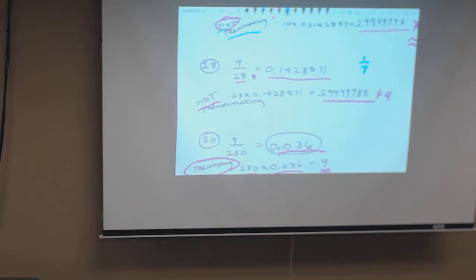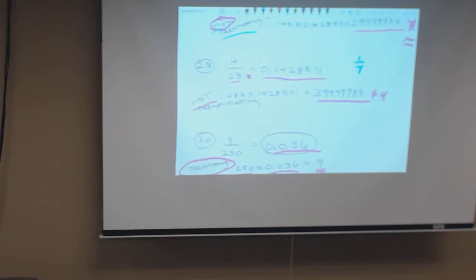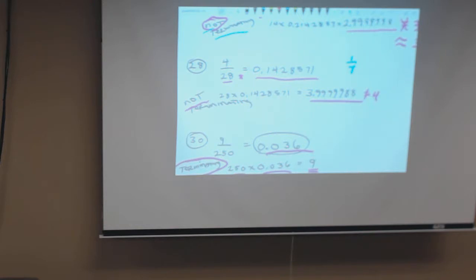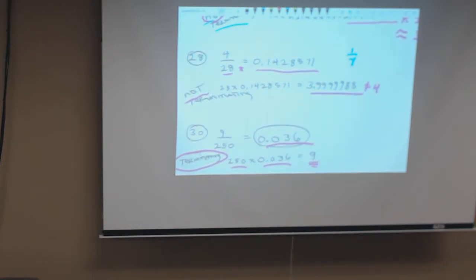So what happens is here I say it doesn't terminate, but it doesn't just go on and on and on either. It actually becomes this 142857, and if you had a screen that went far enough, it would go 1, 4, 2, 8, 5, 7, 1, 4.